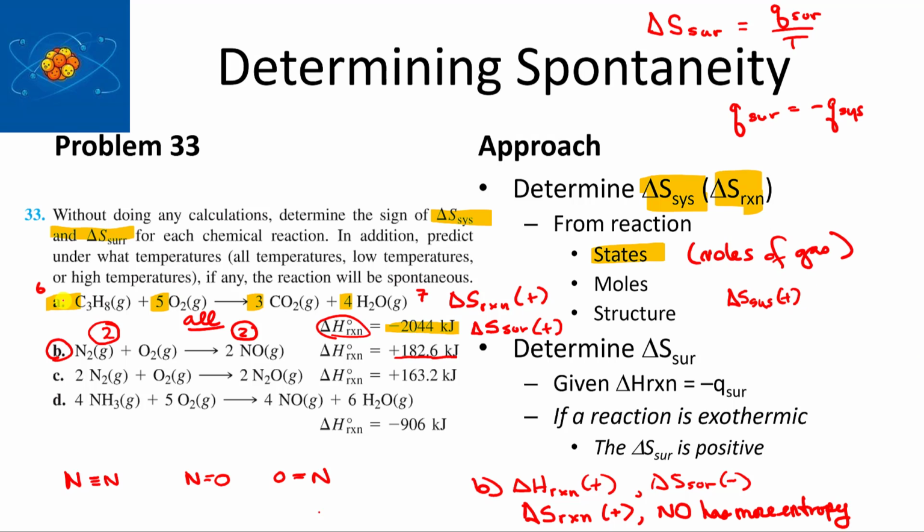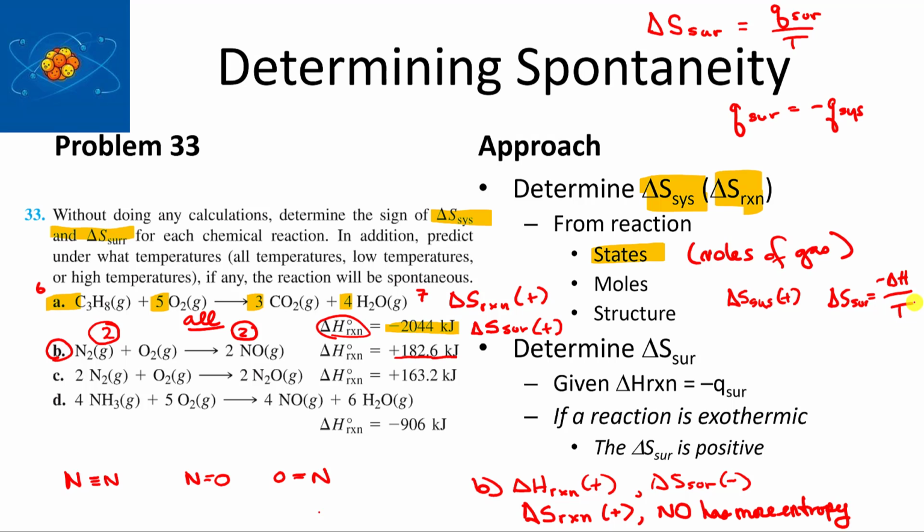This is just dependent on the chemical reaction. But what happens for delta S of the surroundings? Delta S of the surroundings, that's going to be the negative delta H over T.